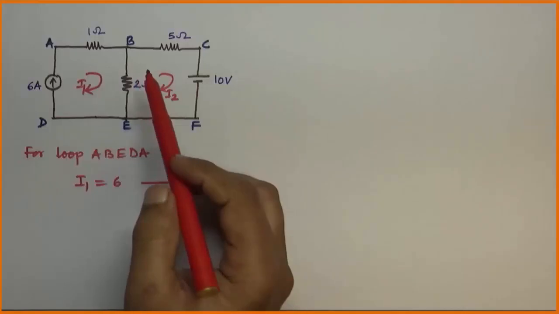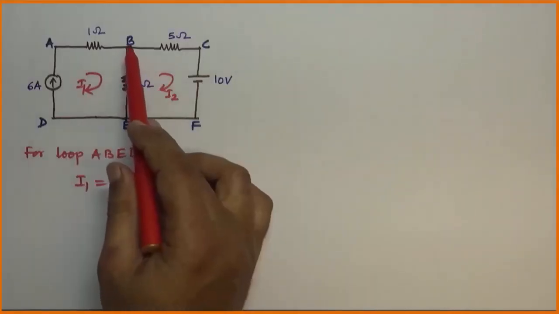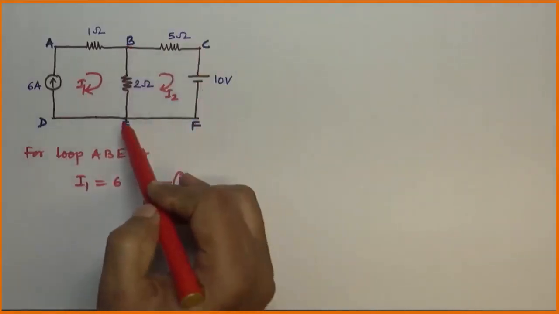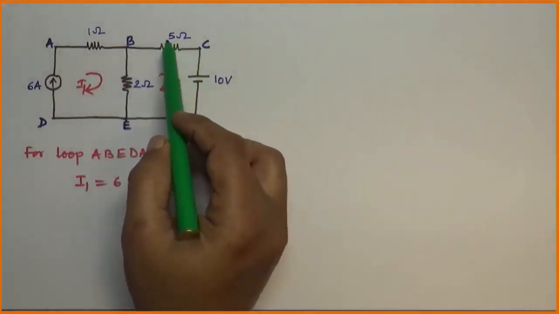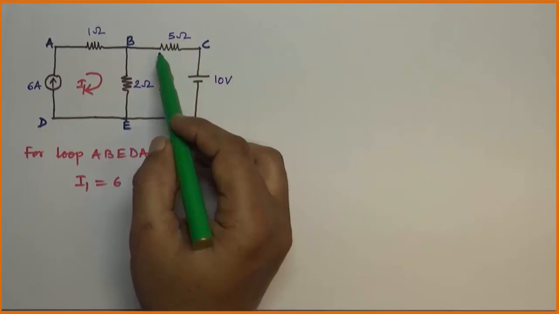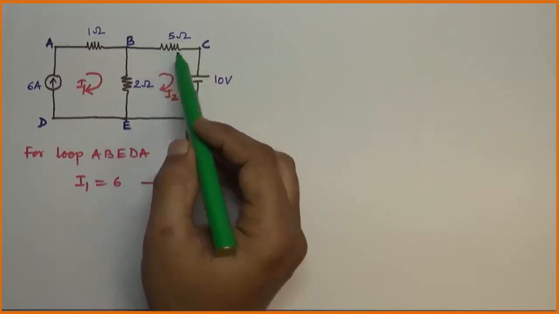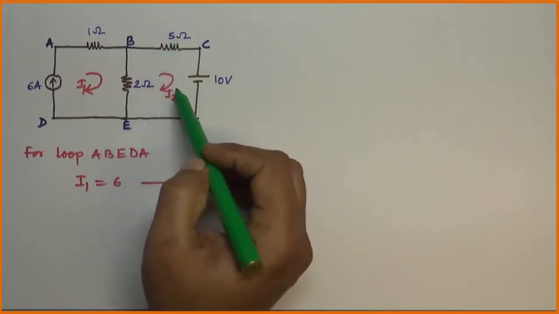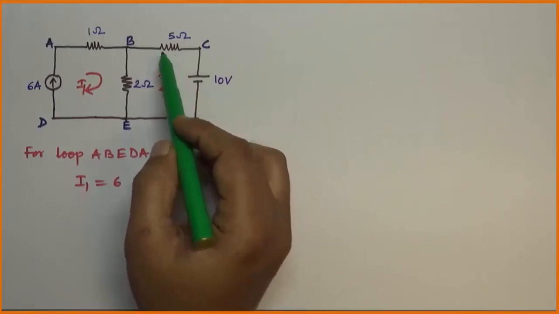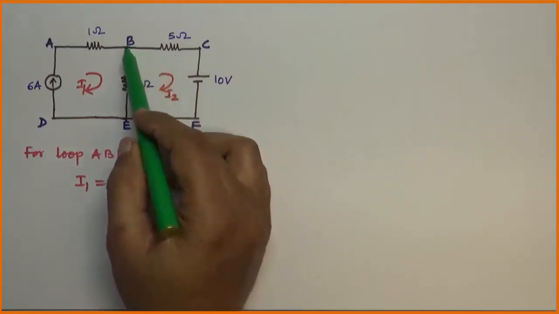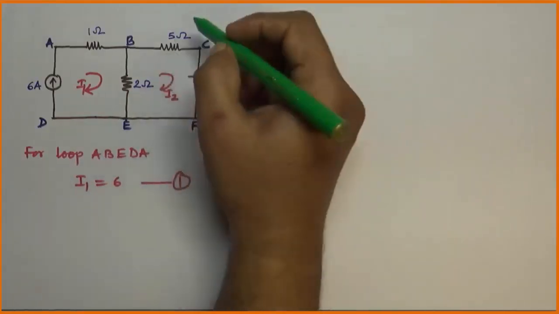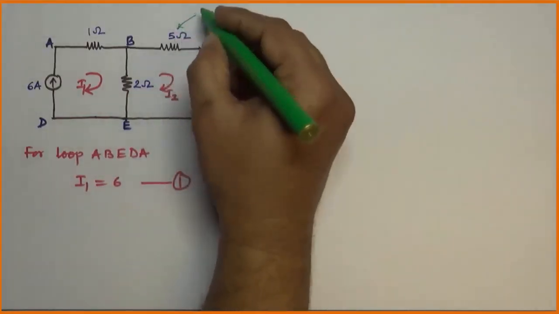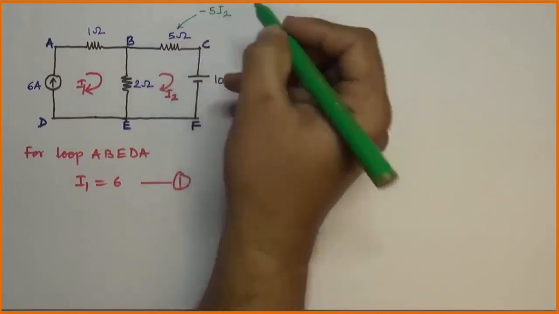Now apply KVL to remaining mesh B, C, F, E, B. Now moving from B to C, we have a 5 ohm resistor. Hence the voltage drop across 5 ohm resistor due to I2 will have negative sign, because the loop direction is B to C and current direction is also B to C. So the value of this voltage drop will be minus 5I2.